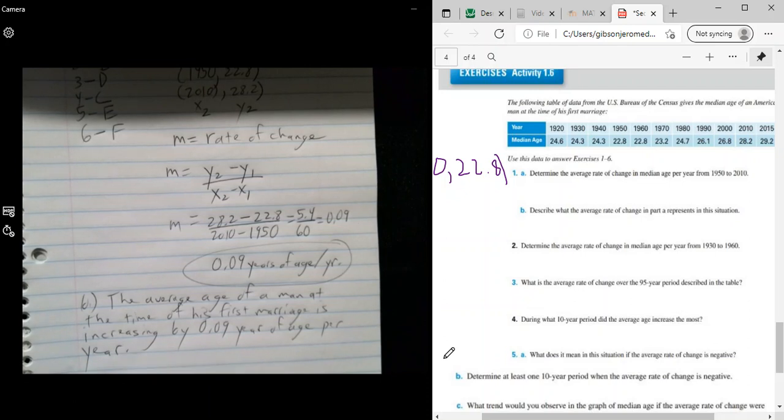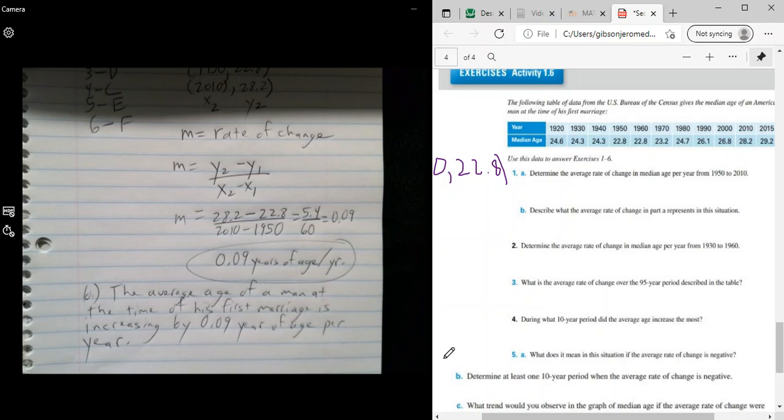So that's basically what it means. All right.